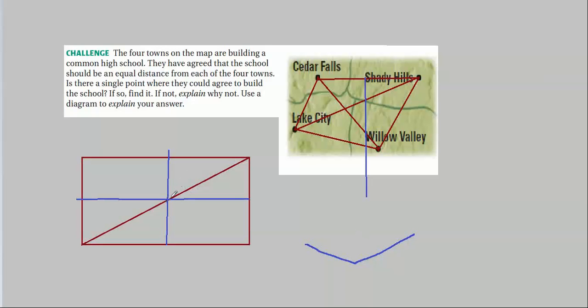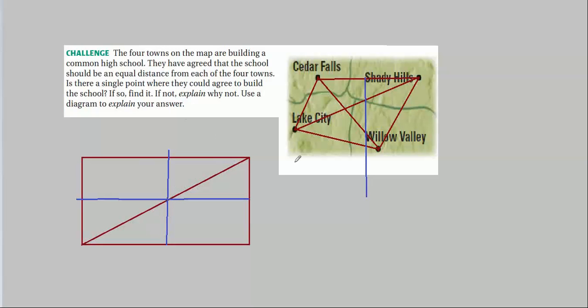It's not on the outside, and it's not on the inside. It's right on the hypotenuse, and that's always true. That tells us something about the rectangle. In fact, it tells us that the circumcenter of a rectangle is going to lie on the diagonal.